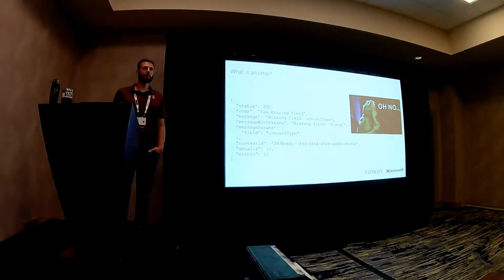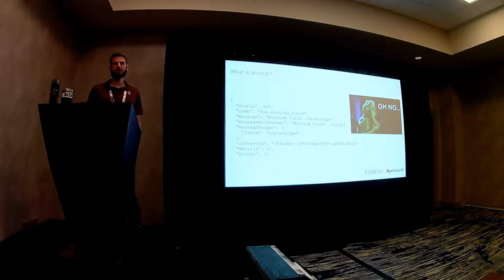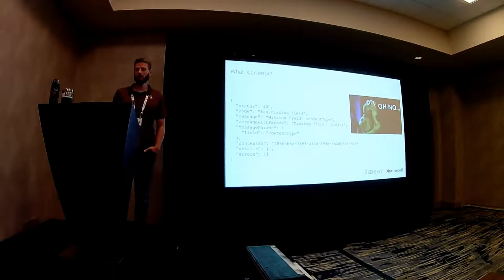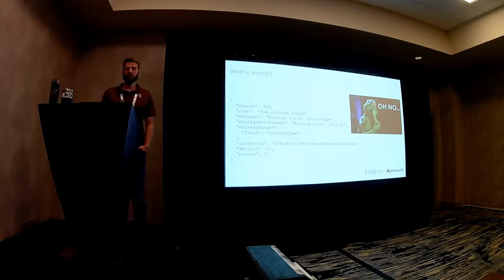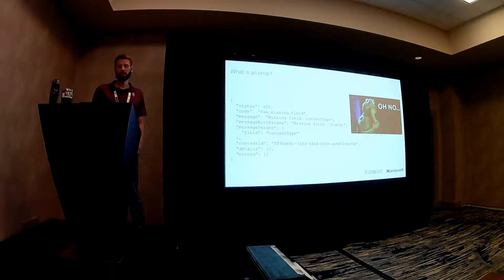All right, so first of all, what is an error? Whenever you make an API request and you get back anything that's not a 200-level response code, you've got yourself an error. Most of the time it'll follow a format similar to this response body here, which will give you some basic information about the error. It'll tell you the status code, which is also just generally available in whatever library you're using for the HTTP status code.